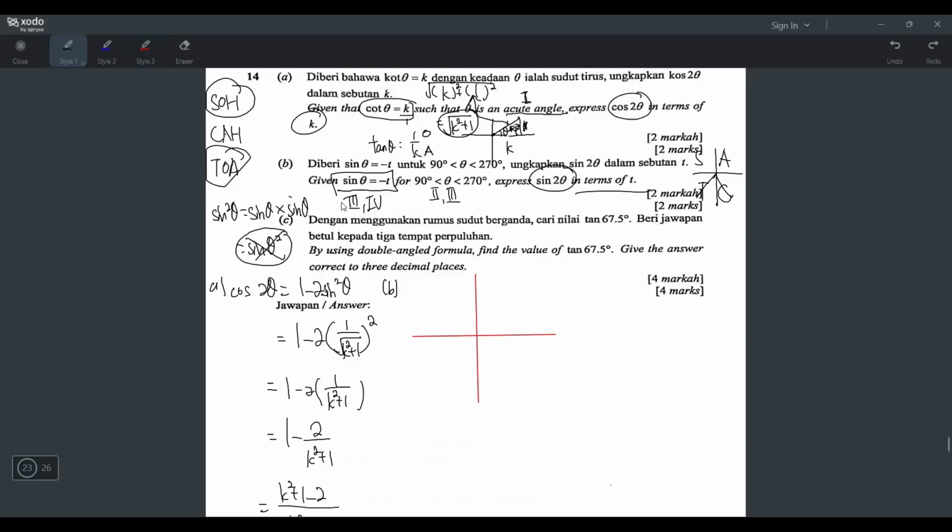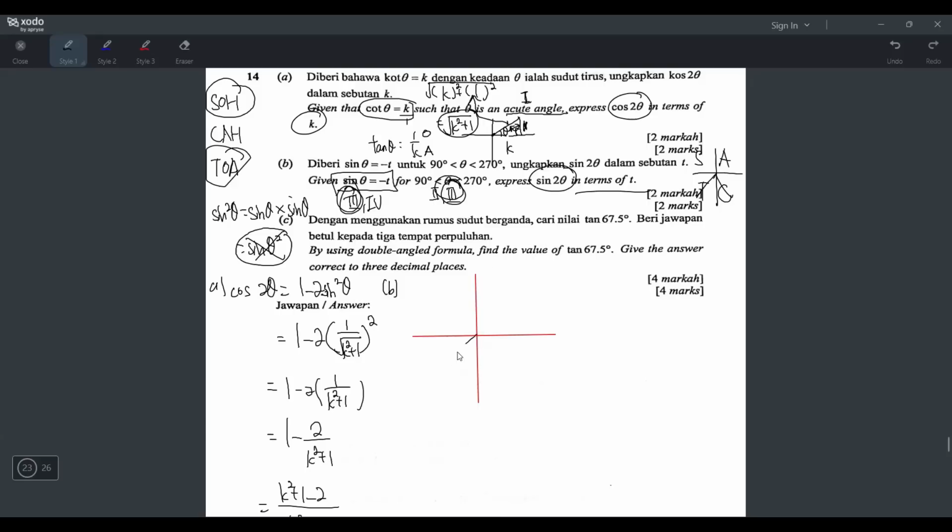Because you cannot take quadrant 4 because they already say in between 90 and 270. And you cannot take quadrant 2 also because in quadrant 2, sine theta must be positive. So quadrant 3, it means you choose the one that satisfies both. It fulfills both conditions. So quadrant 3 is the overlap here. So quadrant 3 is the answer.